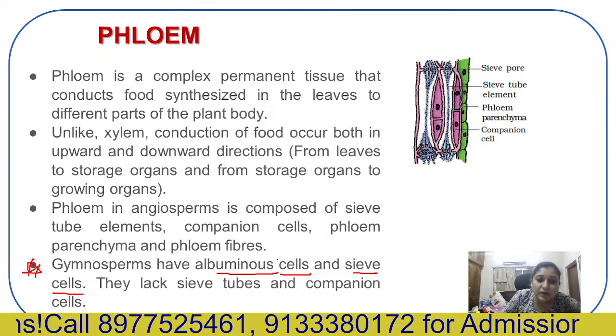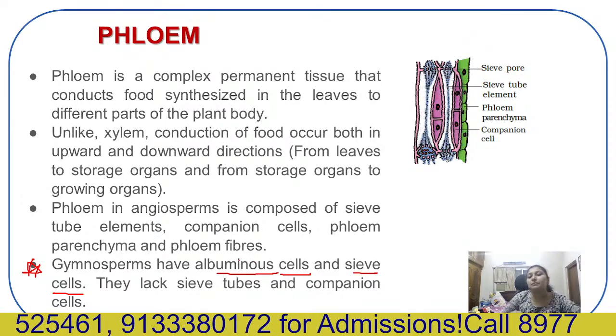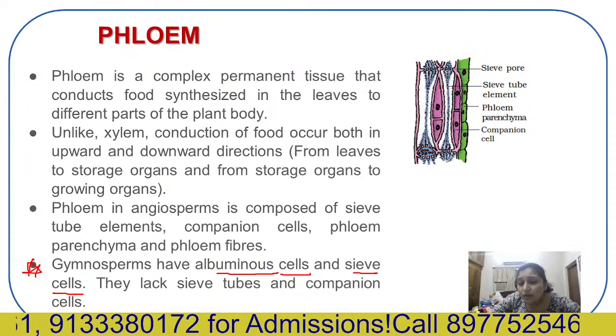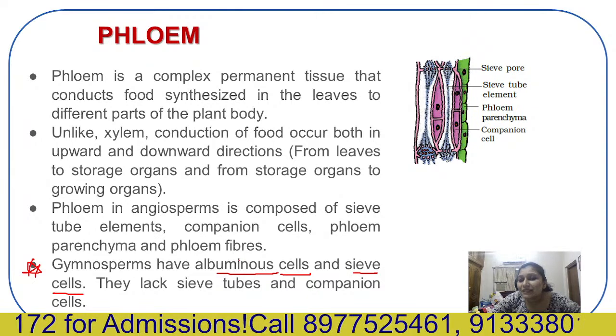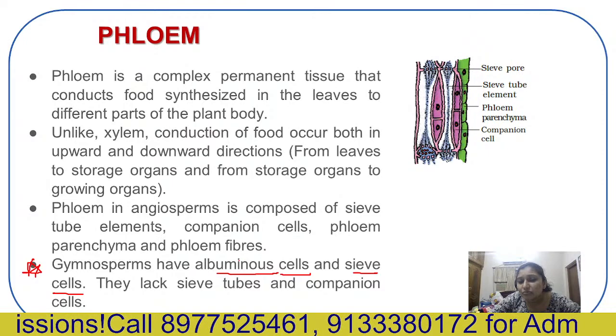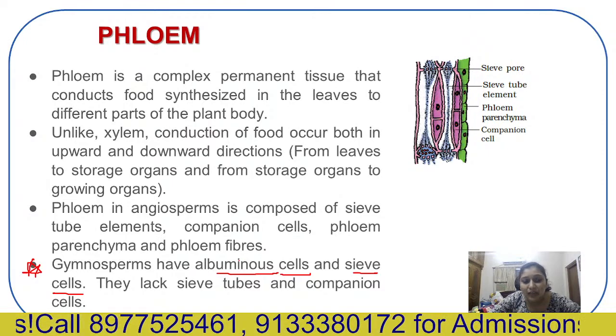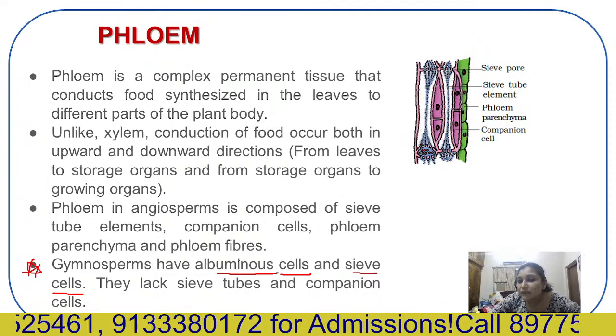So in gymnosperms, they have albuminous cells and sieve cells instead of sieve tubes and companion cells. Remember in phloem, the only living cells are phloem parenchyma and, see, two types of living cells are present here: one is the companion cell and one is phloem parenchyma.